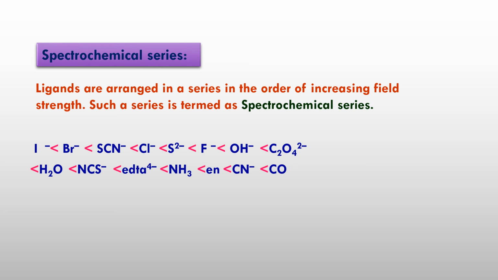So whichever ligands are there from water onwards, these are strong field ligands. So it is in increasing order. Here the halides, fluoride, chloride, iodide, bromide, and oxalate, these are weak field ligands.